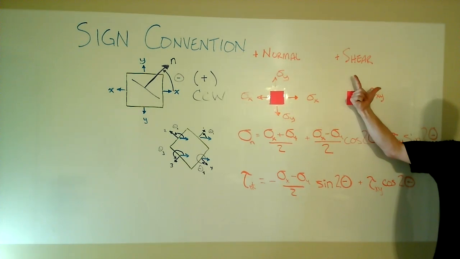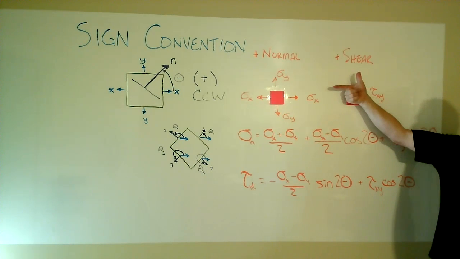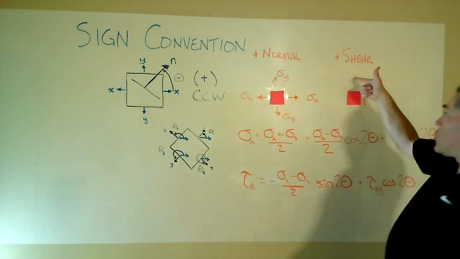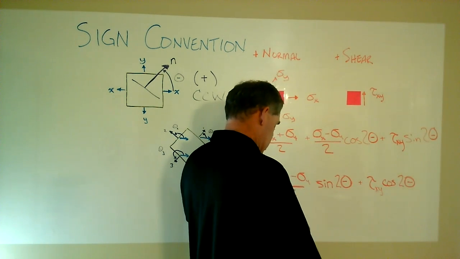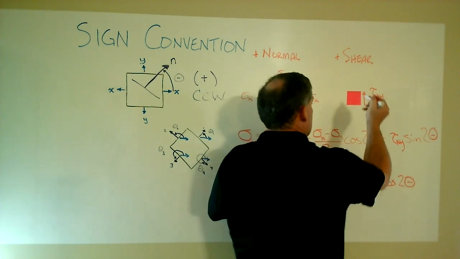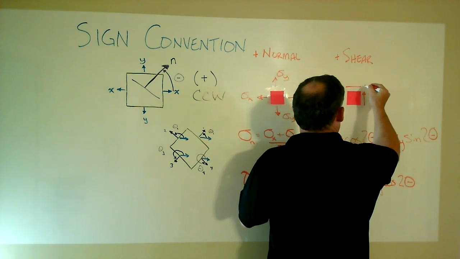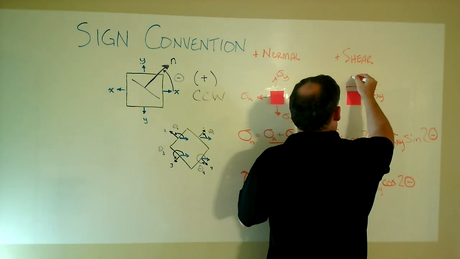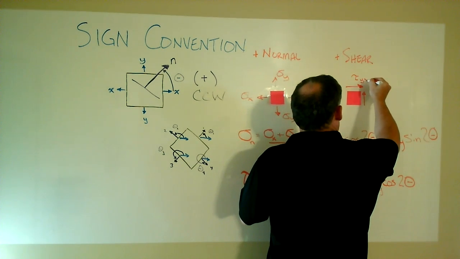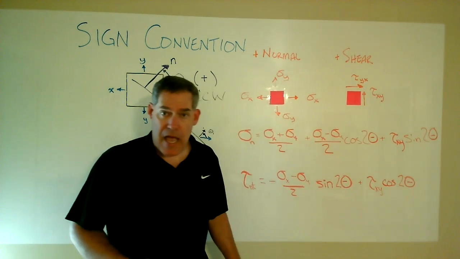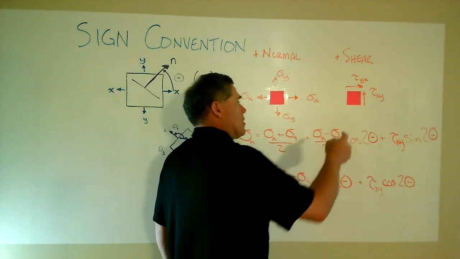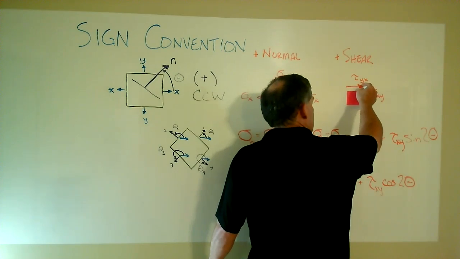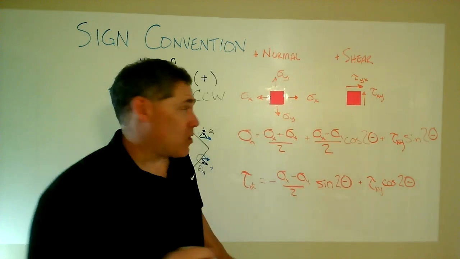So come back, rotate, and then that negative value means we've got to turn that around, and physically then that shear stress on that plane is going the other direction. And technically that is taw yx. Remember, the subscript actually tells us something, that y is the plane that we're talking about, right?